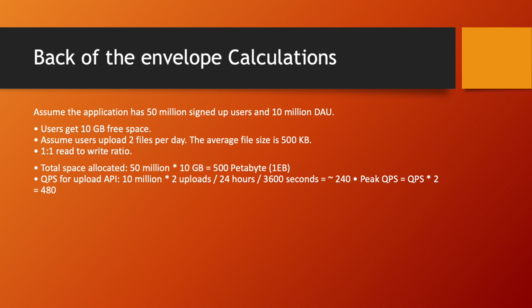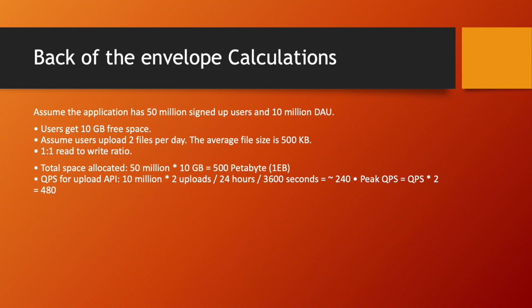Here are some back of the envelope calculations. Again, they are not representative of actual Google Drive, but just some initial numbers to get the discussion going. So we have 50 million signed up users, 10 million DAU. Users get 10 GB of free space, assuming users upload 2 files per day. The average size would be 500 KB.